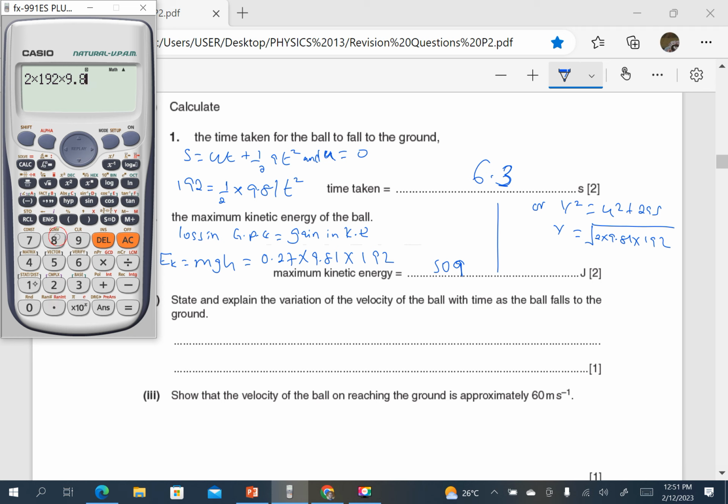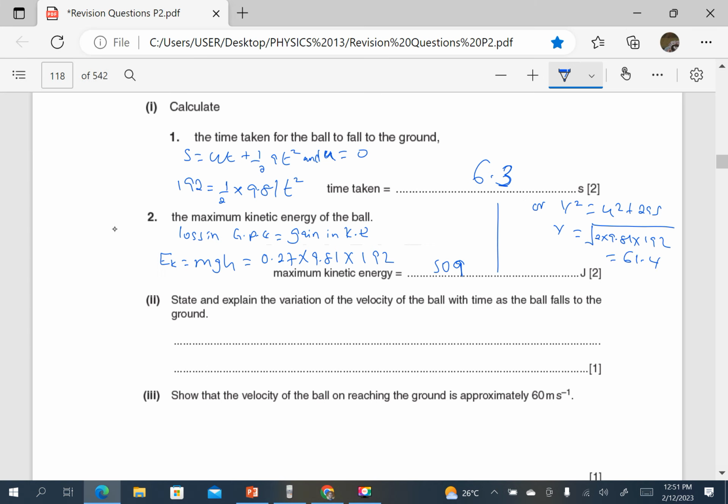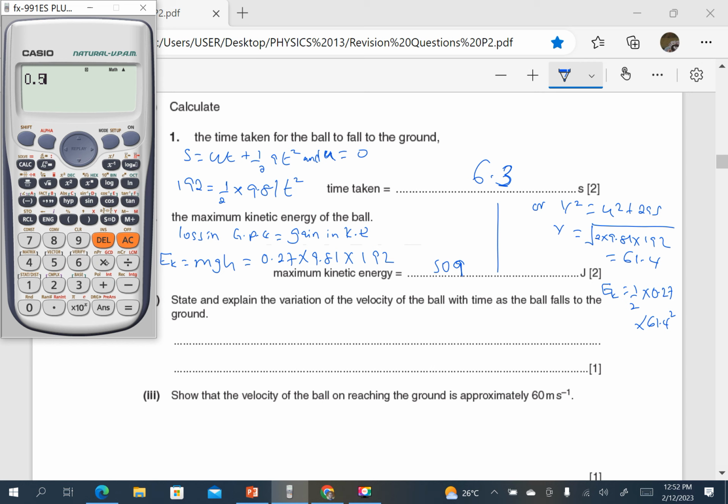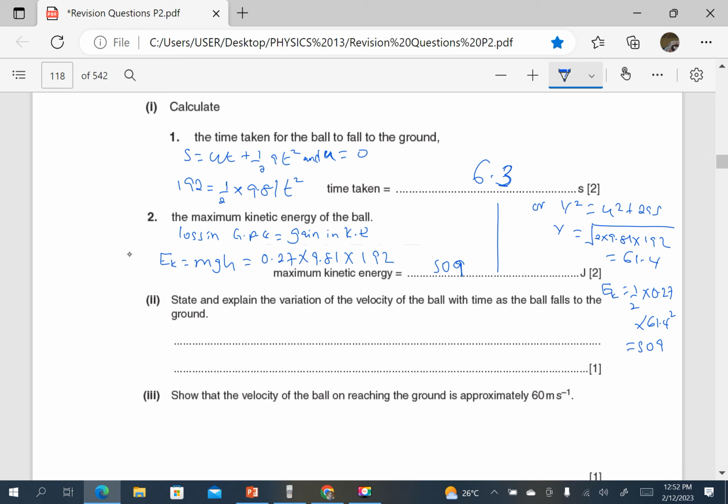Then we find the square root, and v will be 61.4. Therefore we can find the maximum kinetic energy as a half times the mass, 0.27, times 61.4 squared, which gives us 509 or approximately 510 joules.